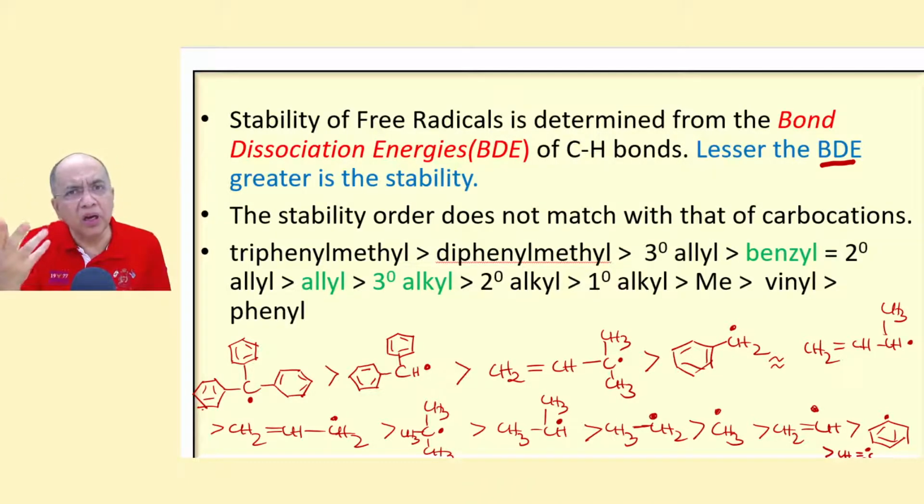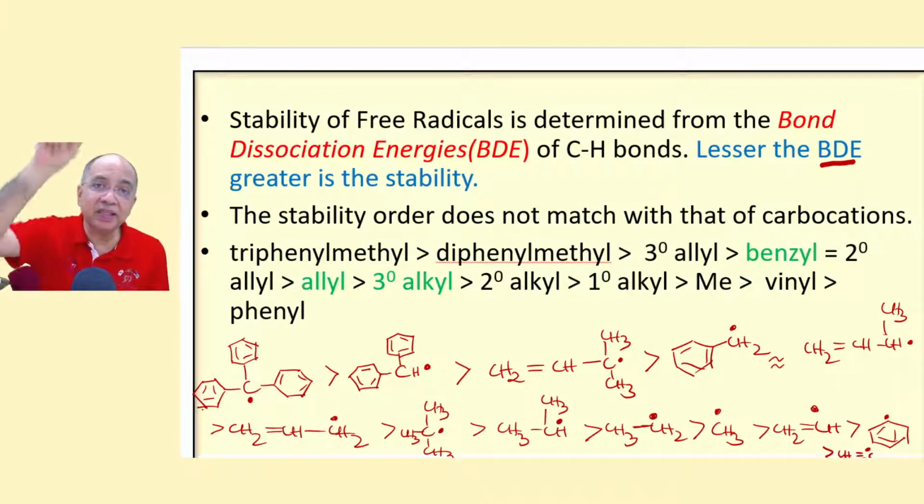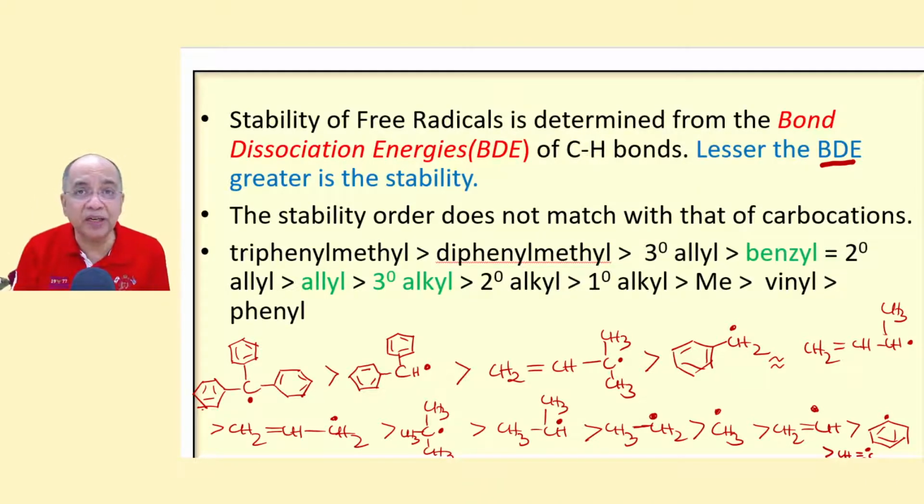If you just apply the same trend that you found in carbocations to carbon free radicals, you are gone. You know, the method of determining stability is not HIA, it is BDE. BDE is positive and HIA is negative, so the concepts are different.